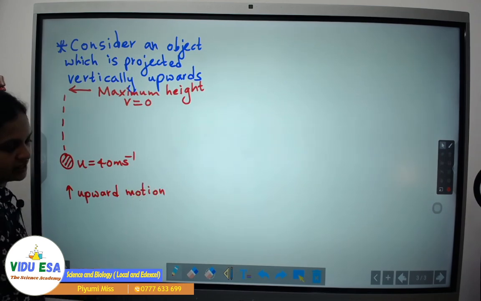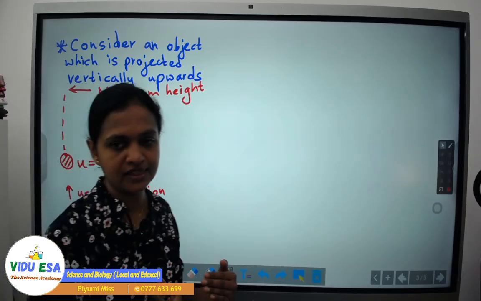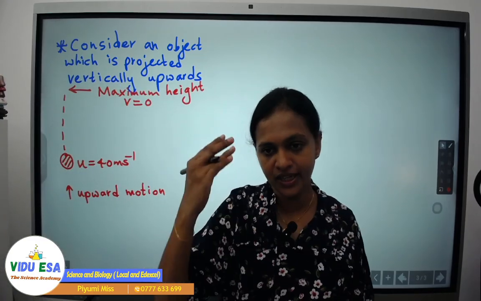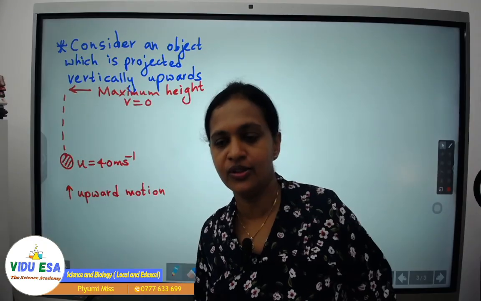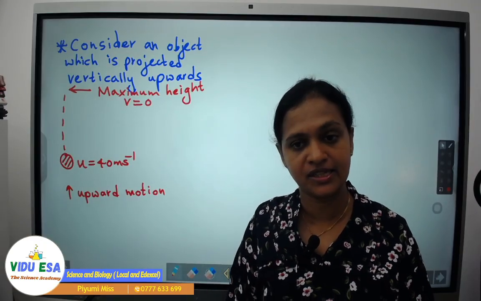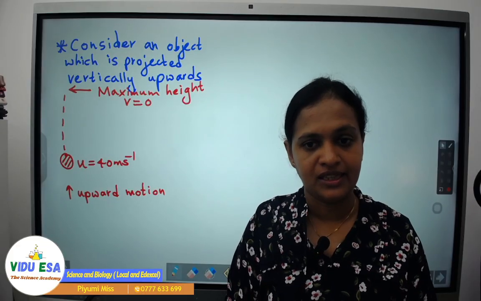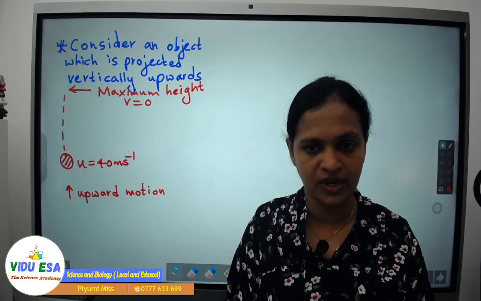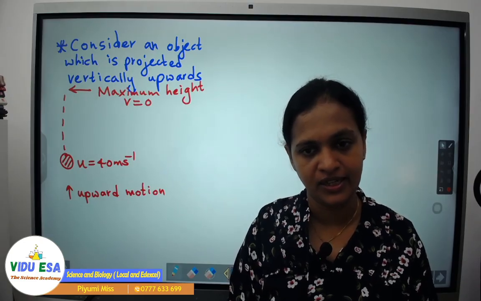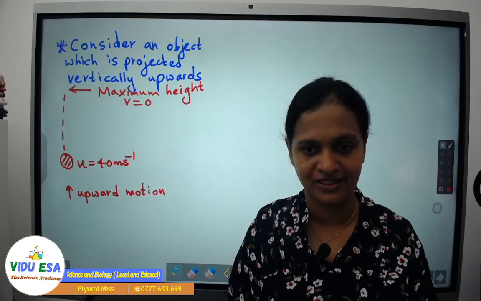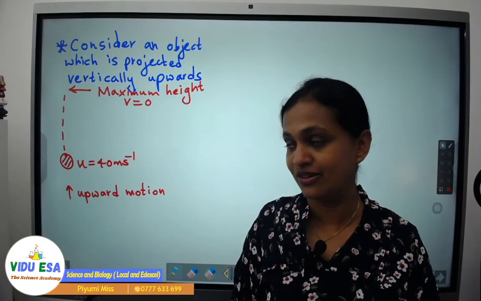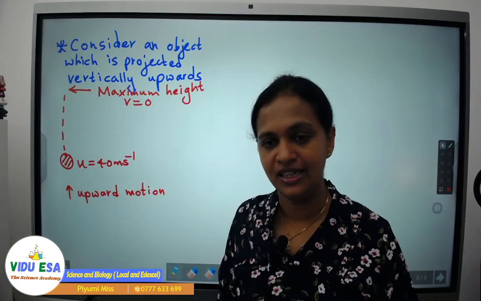What type of a motion is it? It is moving against gravity. And you know acceleration due to gravity is 10 ms minus 2. It means that the velocity reduces by 10 ms minus 1 in each second. Velocity reduces. Now this is moving against gravity.